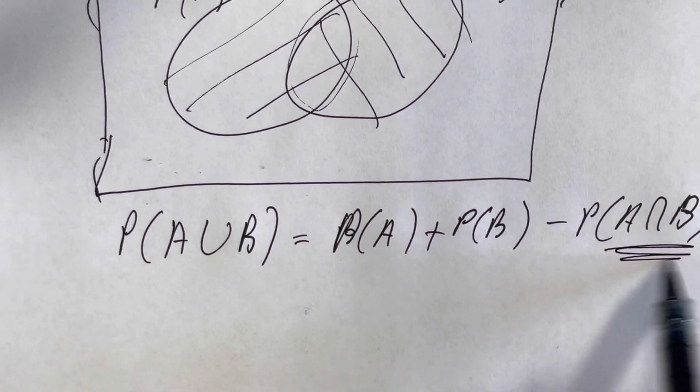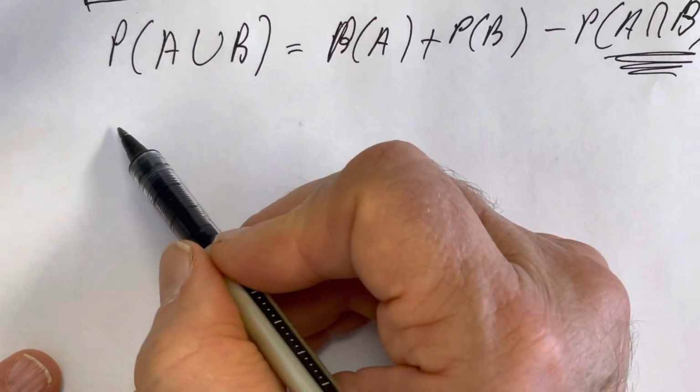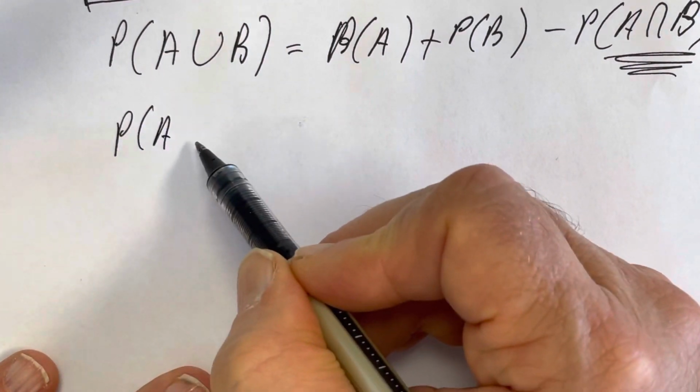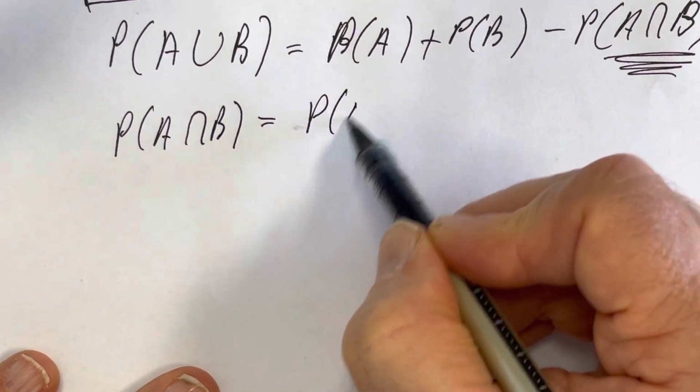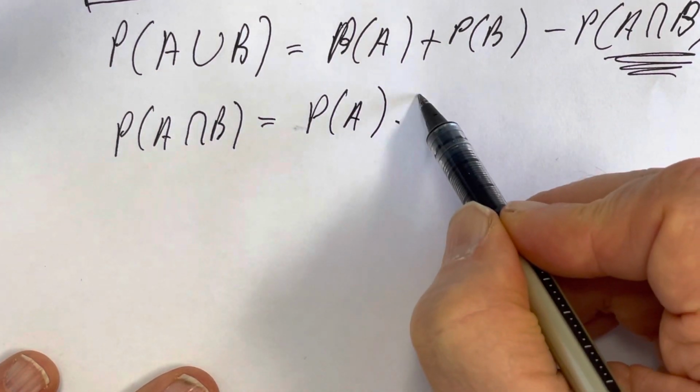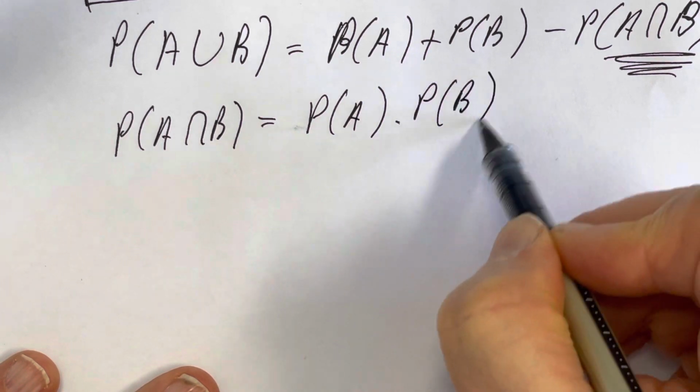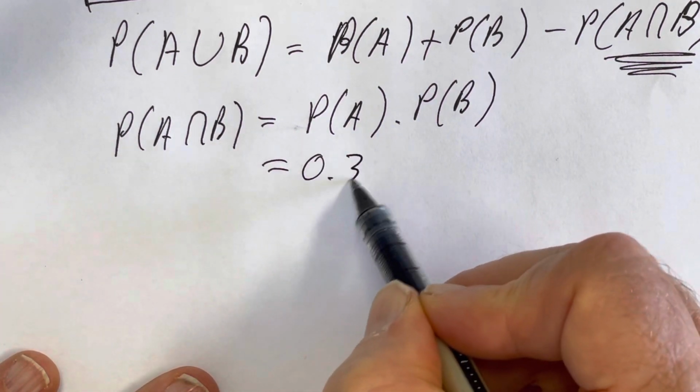So we need to calculate this, and fortunately we know the probability of A intersect B is the probability of A multiplied by the probability of B, and in this particular case it is 0.35.